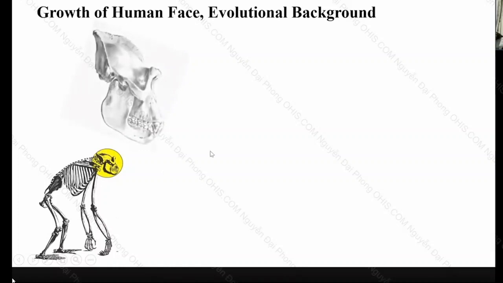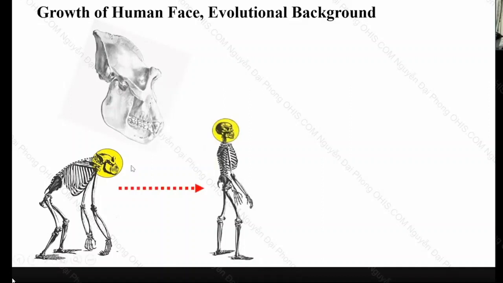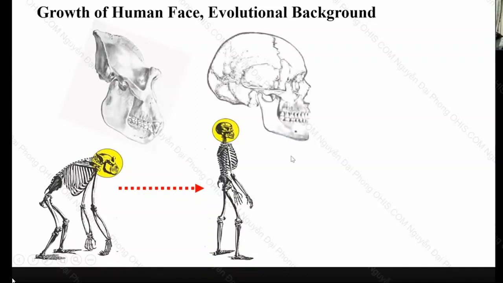So this was our original posture of the body, but rather quickly our body posture changed, more uprighting, standing, and now 2-pedal being. And at the same time, our craniofacial morphology also changed.